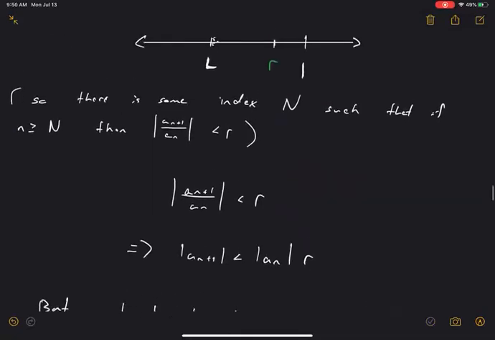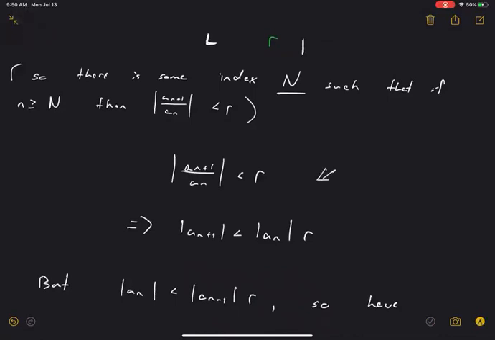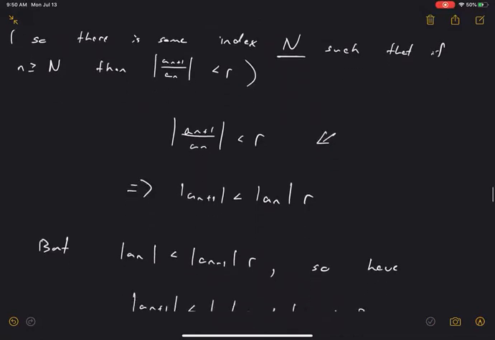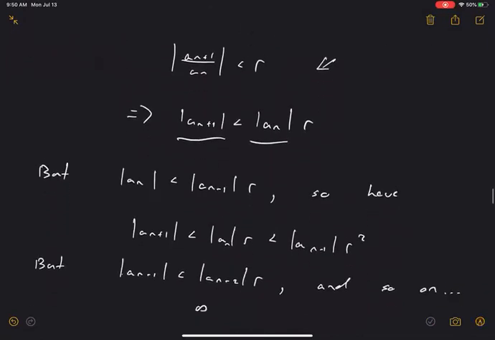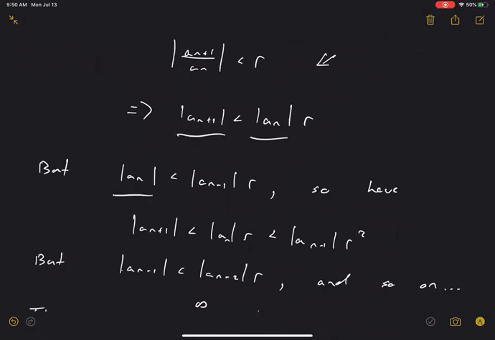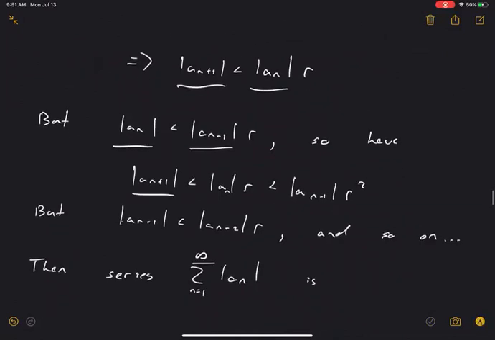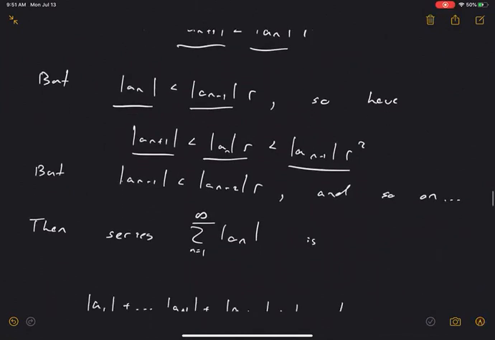So there's some index big N such that a_(n+1) over a_n is less than R if n is greater than or equal to big N. So eventually that ratio is less than R. And when that's true, I have a_(n+1) over a_n is less than R. So let's just multiply both sides by a_n, and I would get a_(n+1) is less than a_n times R. But if the same thing is true for a_n, then a_n is less than a_(n-1) times R. So we could have a_(n+1) is less than absolute value of a_n times R is less than a_(n-1) R squared. And we continue in a similar manner.